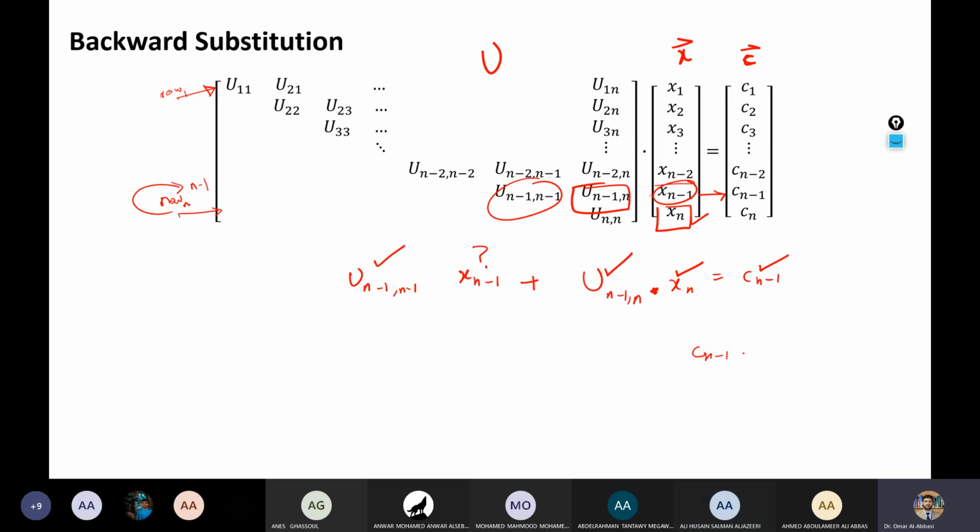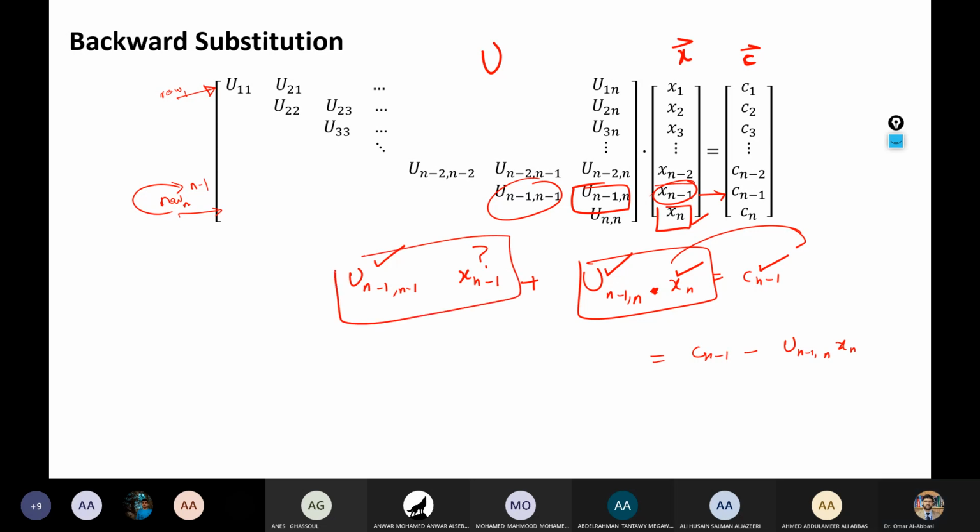Take c(n-1) minus u(n-1, n) xn to the other side. So x(n-1) equals the right hand side divided by this coefficient u(n-1, n-1).